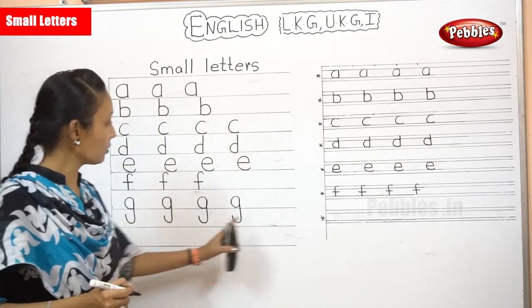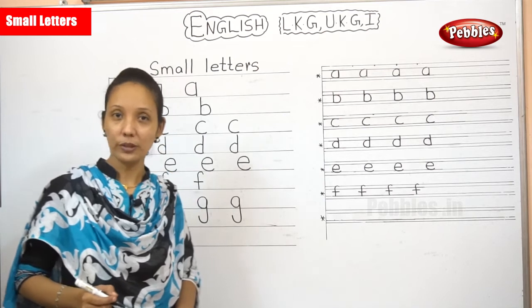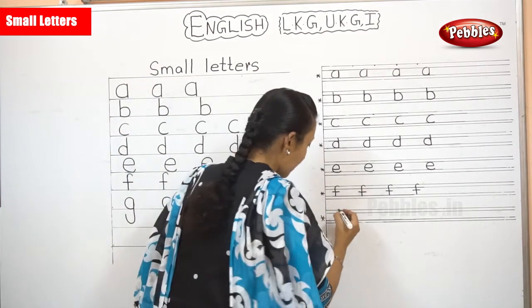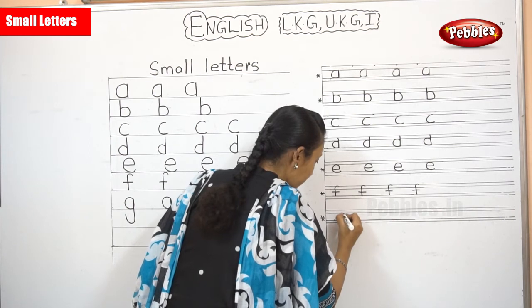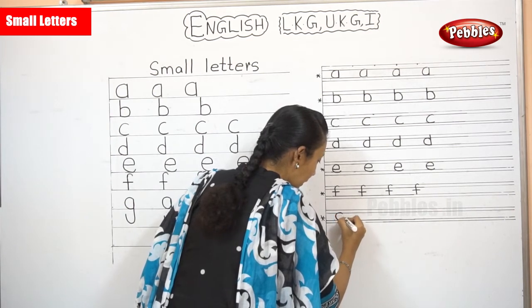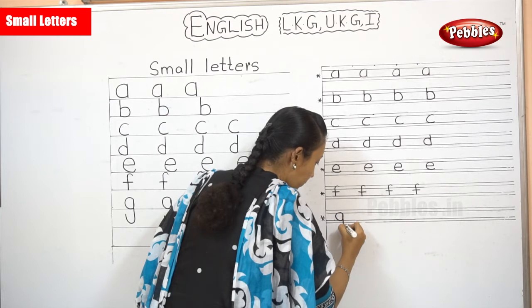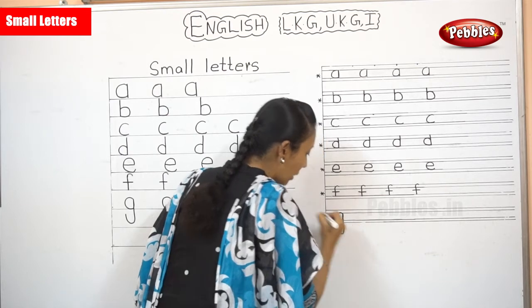Now shall we learn to write the small letter G in your 4 lines? Yes. Now you need to draw your curve into the second and third line. Curve, and you need to come down to the 4th line and go up.